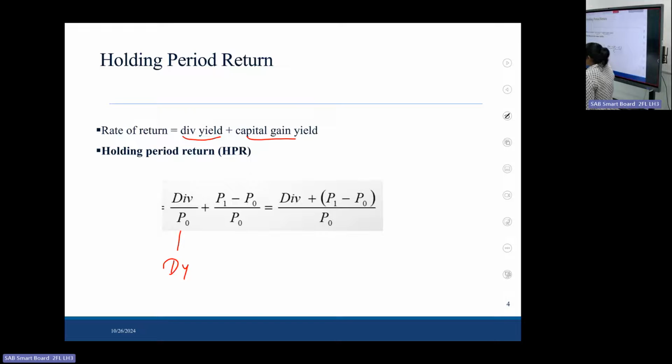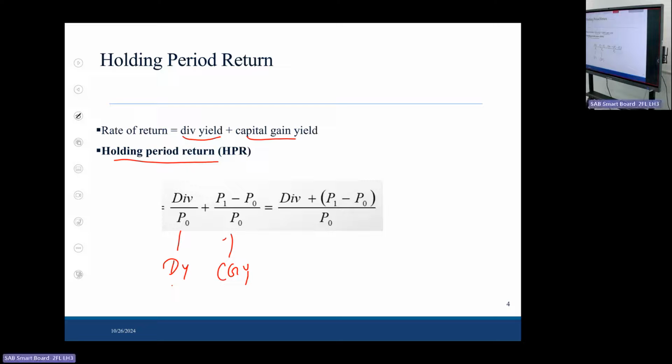P1 minus P0 divided by P0 is the capital gain yield. The dividend per share divided by the cost P0 is equal to the dividend yield. The total of the dividend yield plus the capital gain yield is called your holding period return.